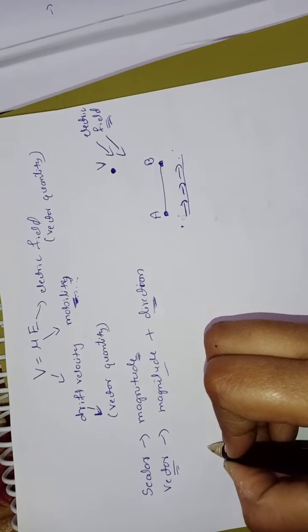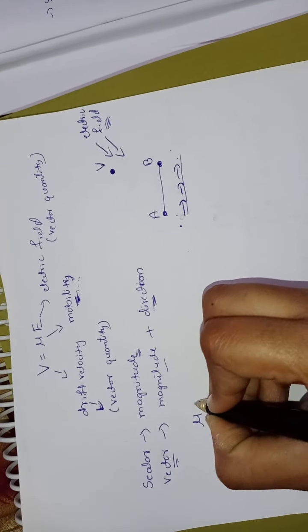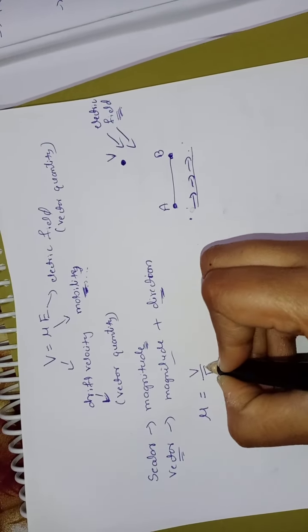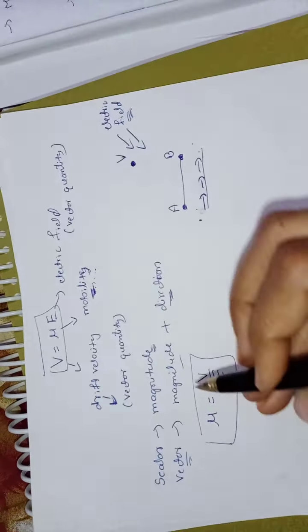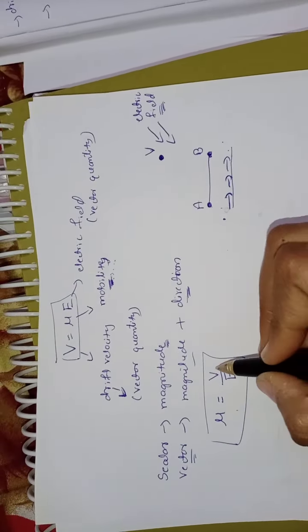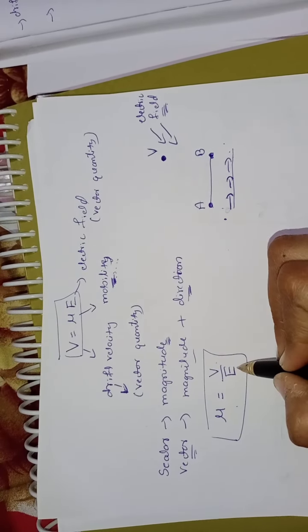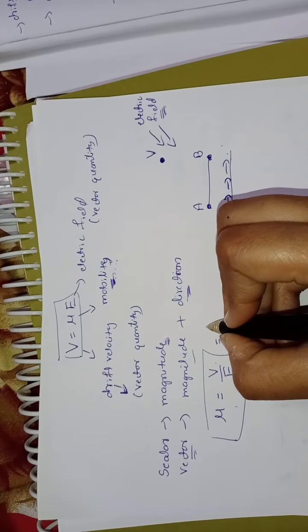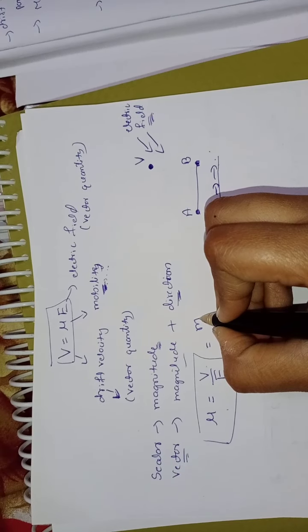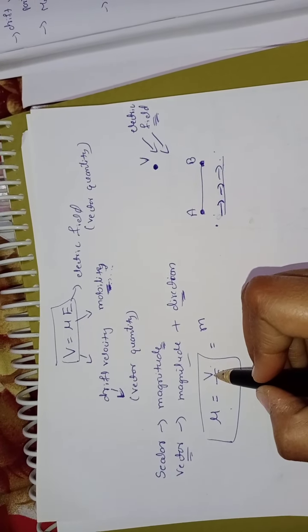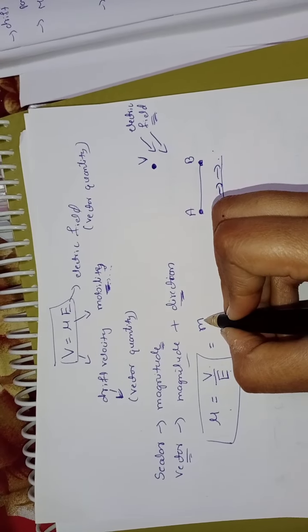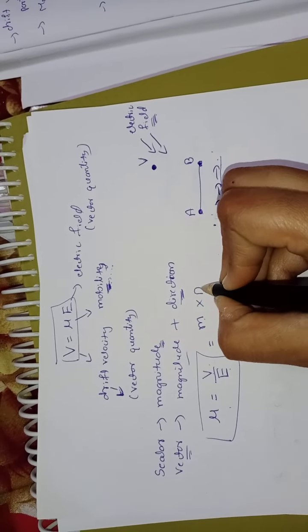So coming to the mobility, mobility is equal to V by E. I am rewriting this using this formula. So mobility is equal to drift velocity by electric field. Drift velocity is the vector quantity. It contains both magnitude and direction.